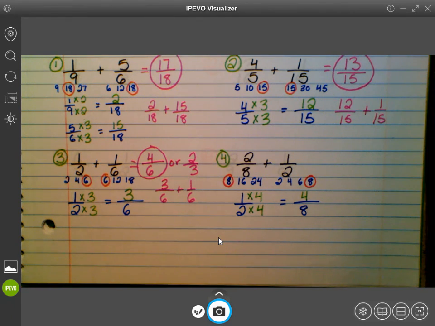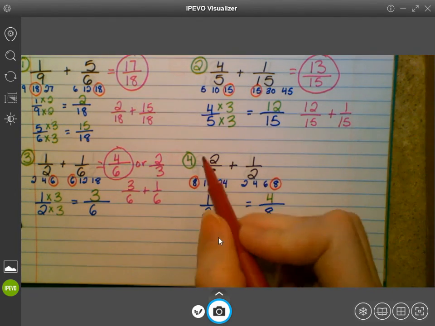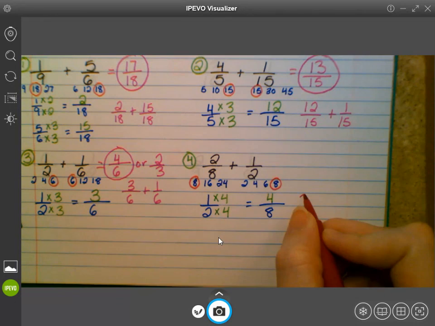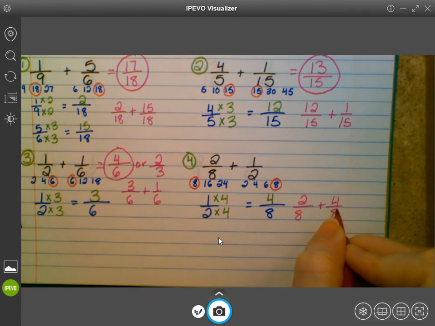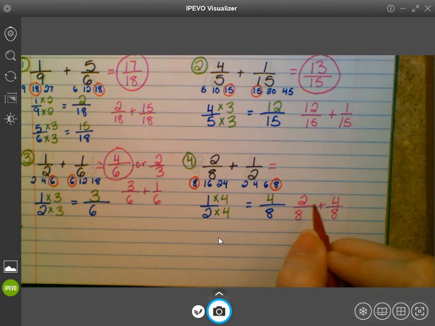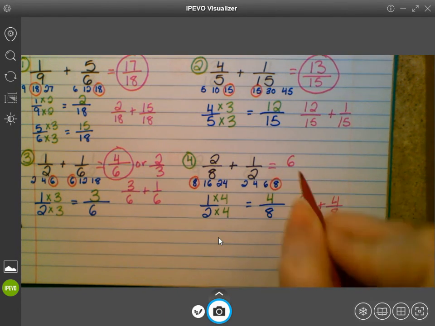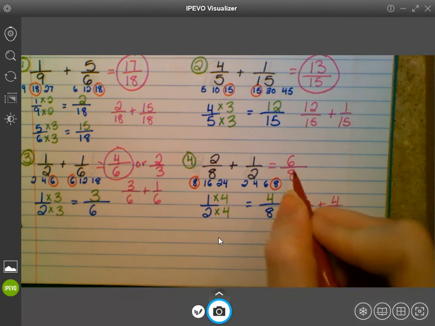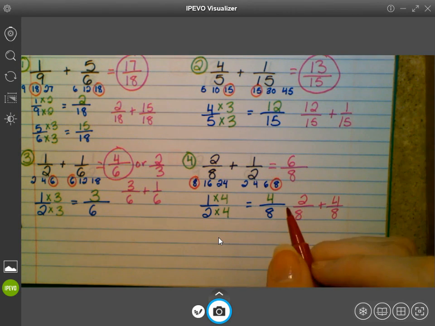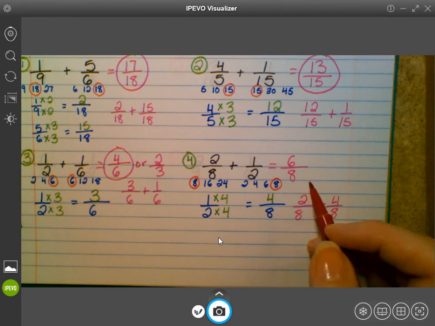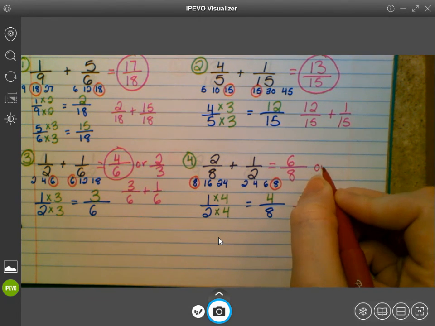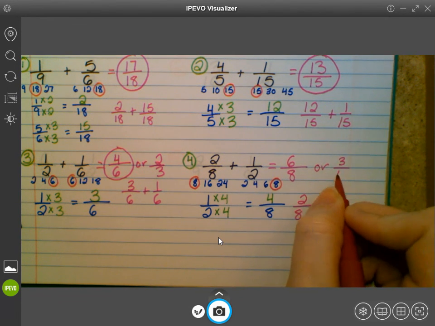So then I add. Again, we didn't have to convert 2/8. So it would be 2/8 plus 4/8. 2 plus 4 is 6. I keep my denominator the same. We get 6/8. Again, if you wanted to simplify, we could divide both 6 and 8 by 2, and that would get us 3/4.